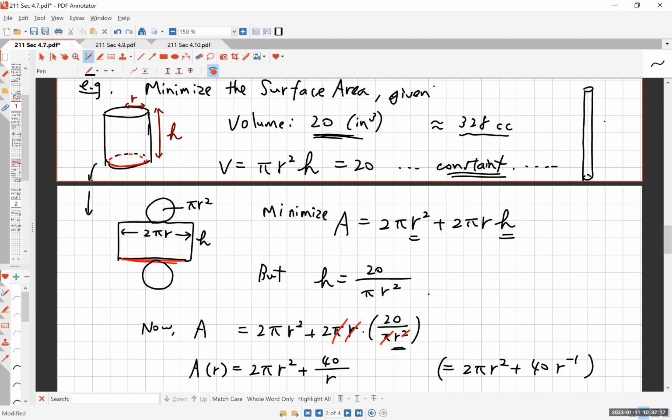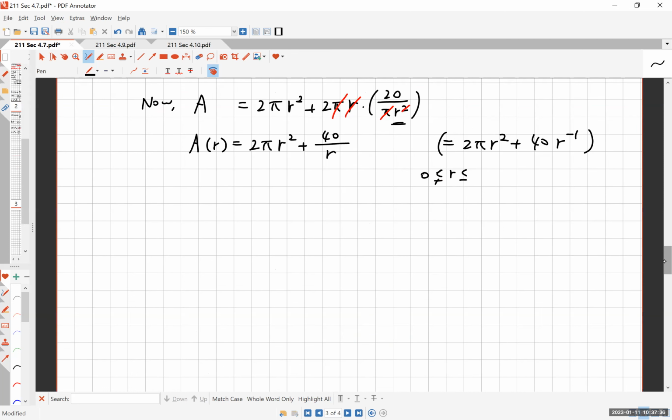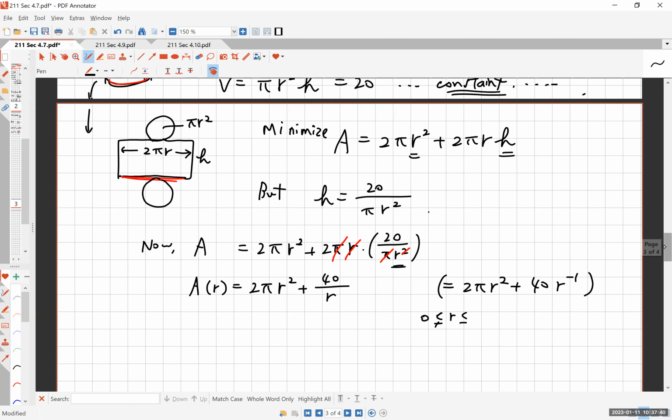The surface area seems to go to infinity because as r shrinks down to 0, h is going to go up to infinity. So okay, that's probably not good. You'll have a very hard time holding the can or drinking from the can, which is like miles tall. All right, so what's the biggest size of r?